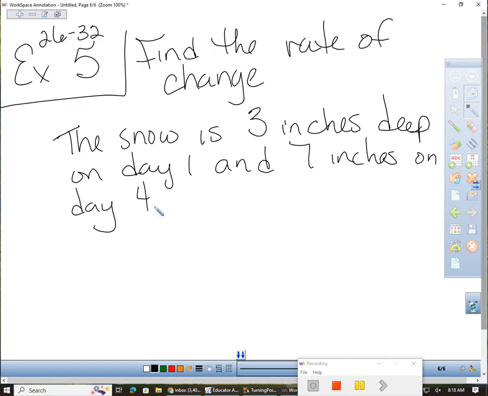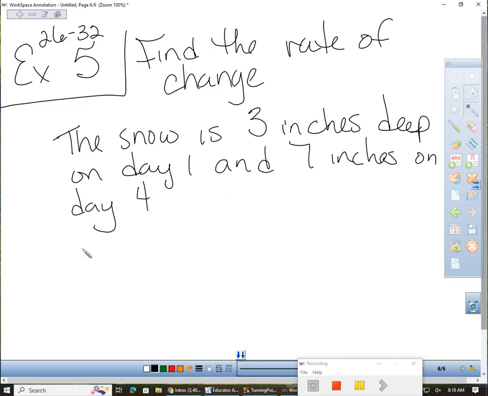All right, so first of all, we actually have 2 points up there. We have the point for the first one, which is 3 inches deep on day 1. Now remember, out of inches, the 3 inches of snow, and day 1, which one is actually our x value? Which one is time? Which one is independent? The day.